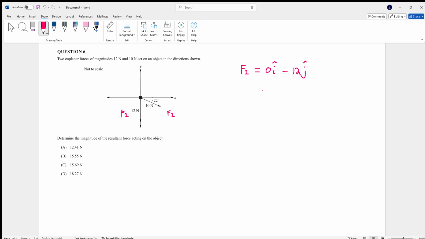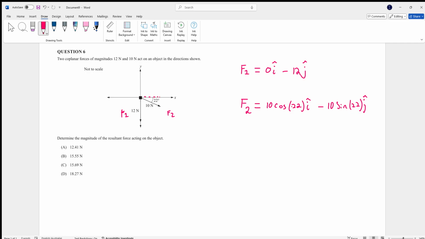Now here, F2 is given in polar form. We've got to convert that to component form to make a fair comparison. So the x force will be 10 cos 22, and this is where you'll need your calculator. Because it's a downwards force, the other component will also be negative, so it'll be minus 10 sin 22 j.